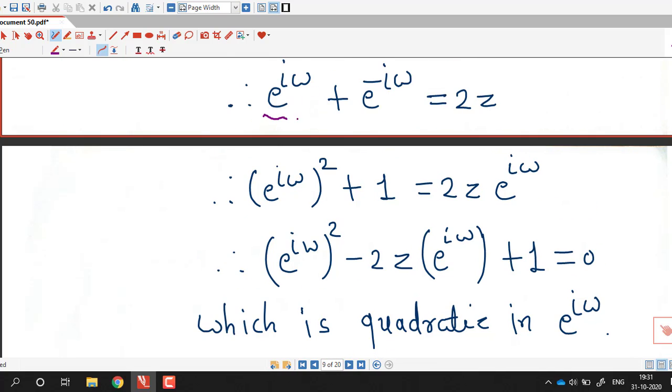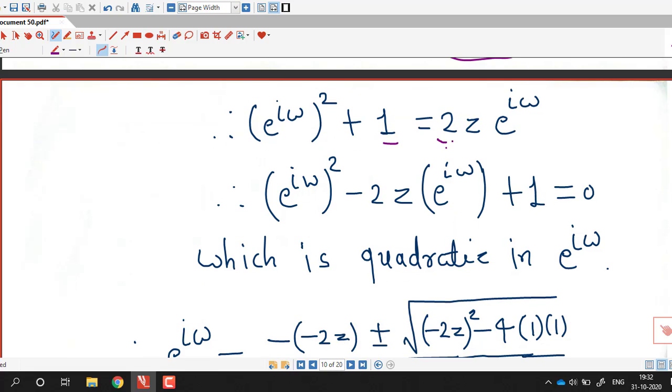Then we multiply this equation by e raised to iw. So we get e raised to iw square, and if we multiply e raised to minus iw with e raised to iw, we have e raised to 0, that is 1, and 2z times e raised to iw.